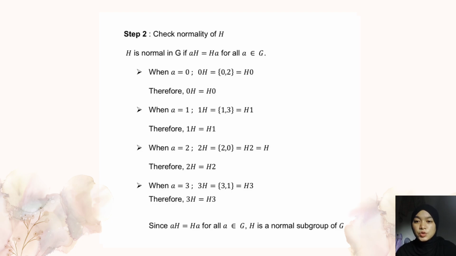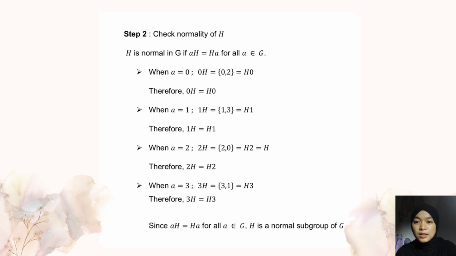Where a is equal to 2, on the left coset, 2H is equal to 2 plus 0, 2 plus 2 is equal to {2, 0}. And on the right coset is H2 is equal to 0 plus 2, 2 plus 2 is equal to {2, 0}. Therefore, 2H is equal to H2. Okay, the last one is when a equal to 3.